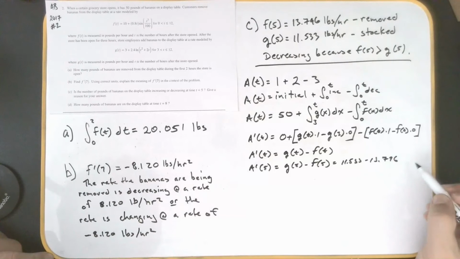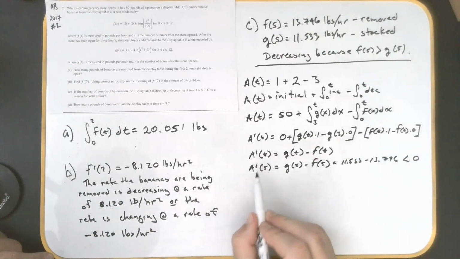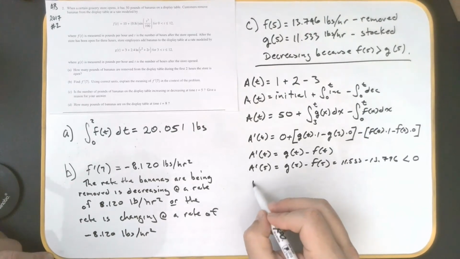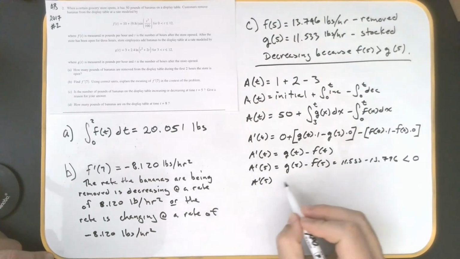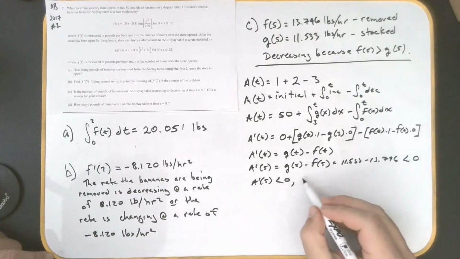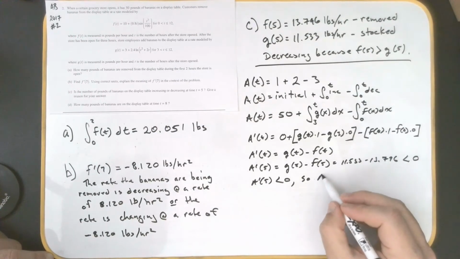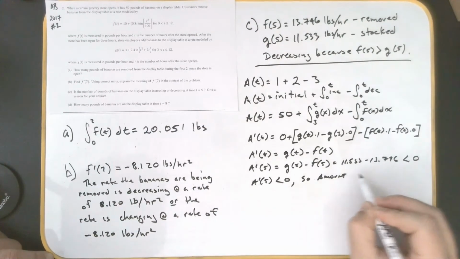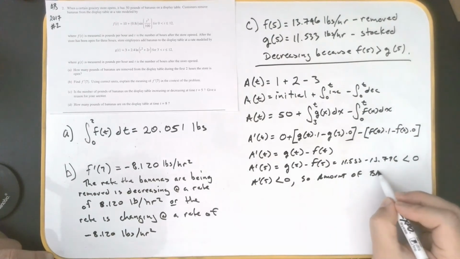So that negative number is less than 0. I'm just going to say is less than 0. So my derivative at 5 is negative. And if I say A prime of 5 is less than 0, so the amount of bananas is decreasing.